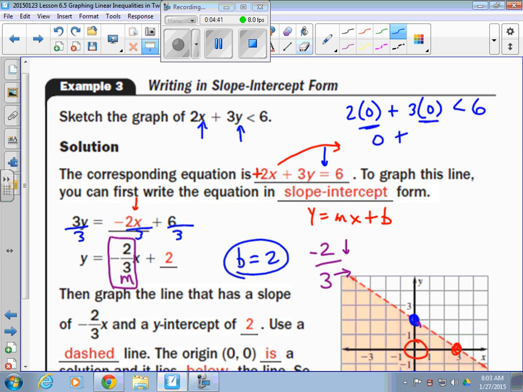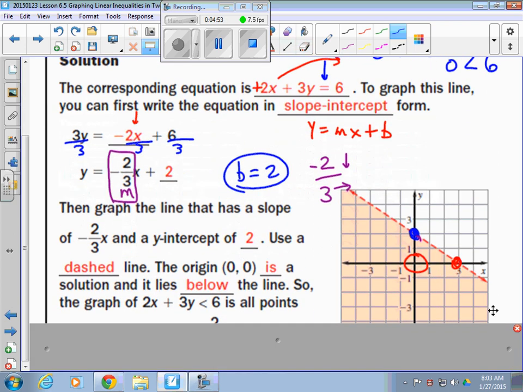Plus, again, anything times 0. So you wind up with 0 is less than 6. Check to see if that is true or false. It is true. The big mouth is eating the bigger number 6 in that case. So you shade towards, again, not left, not right, not up, not down. You shade towards 0, 0, since it was a true statement.